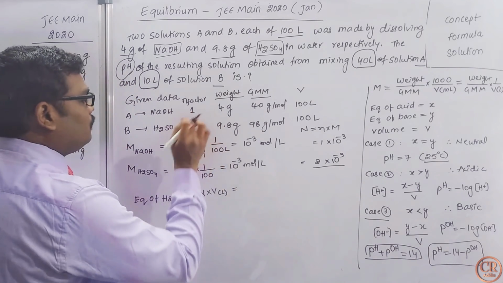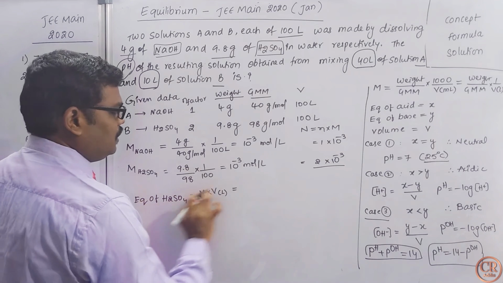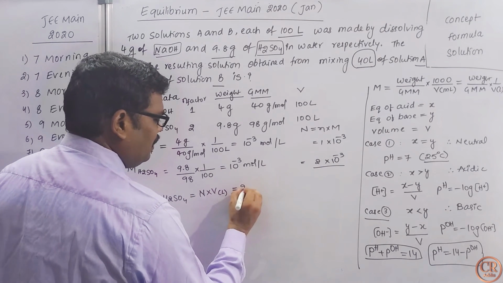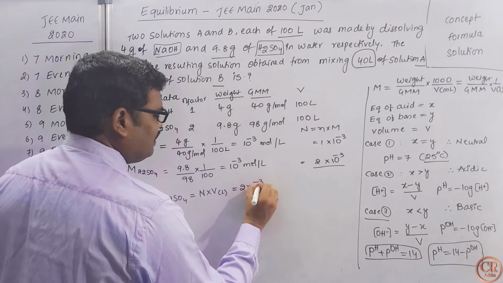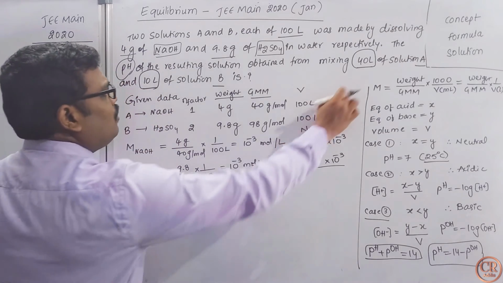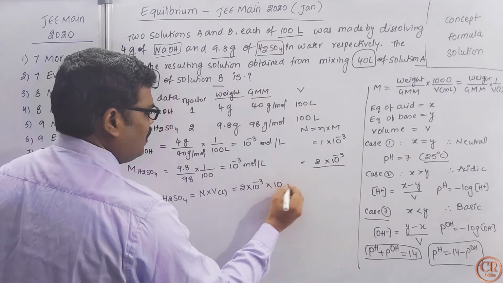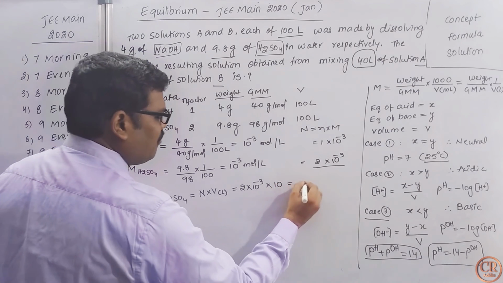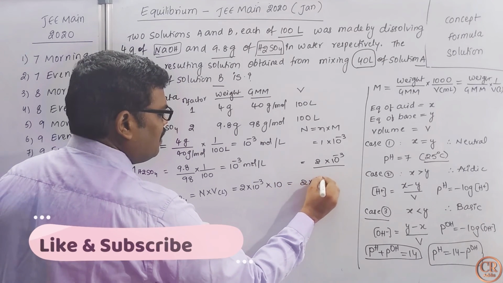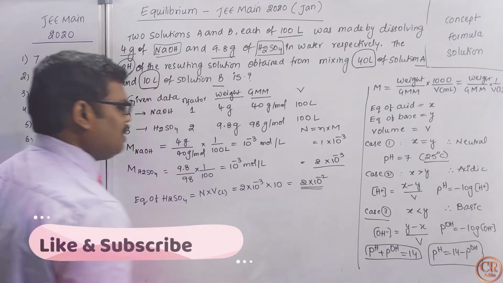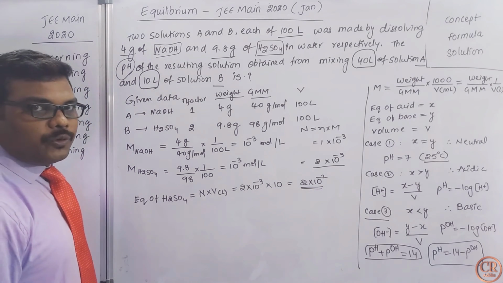What is the normality of H2SO4? 2 into 10 power minus 3, into, what is the given volume of H2SO4 solution? 10. Given volume is 10. This is equal to 2 into 10 power minus 2. These are the equivalents of H2SO4.